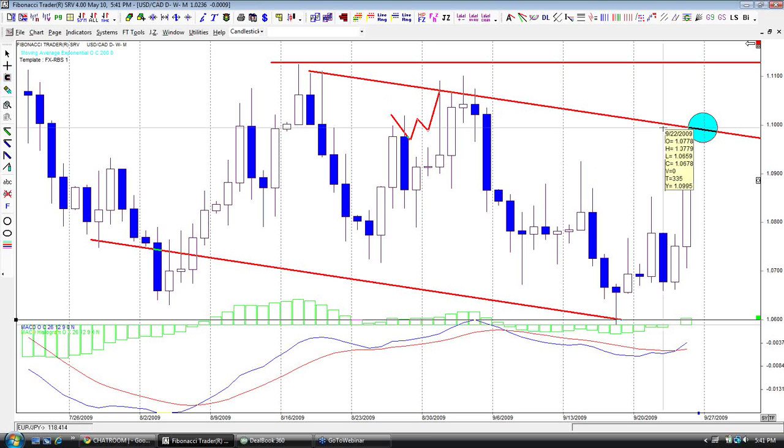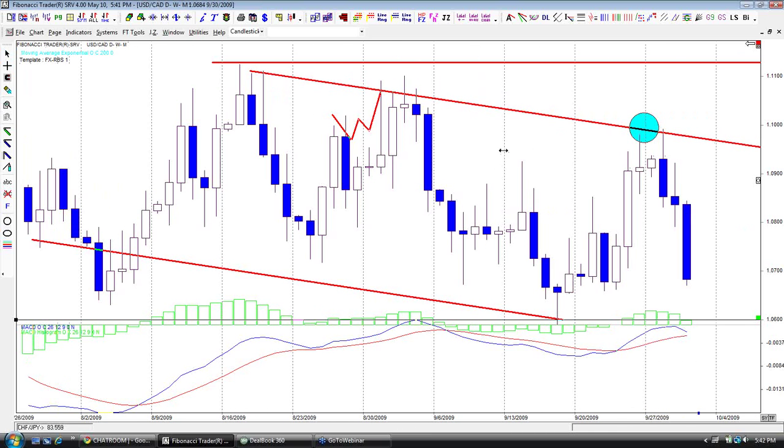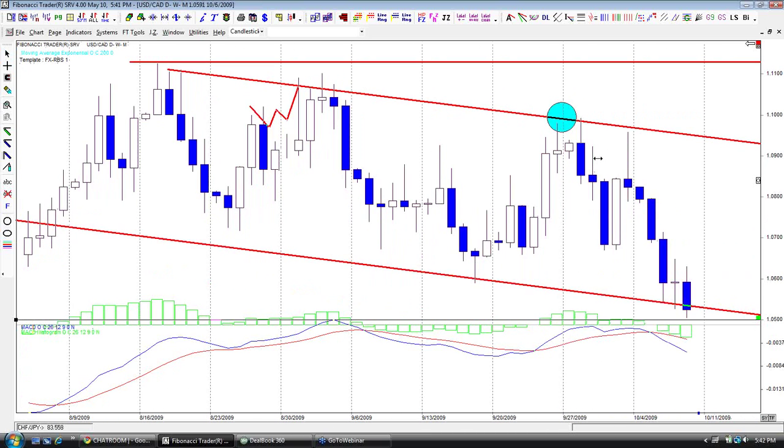I'll measure that price. This is somewhere around 109.80, 110. And I would go to the 1 hour time frame, 15-minute time frame, and start looking for bearish patterns. I'll trade the bearish patterns.